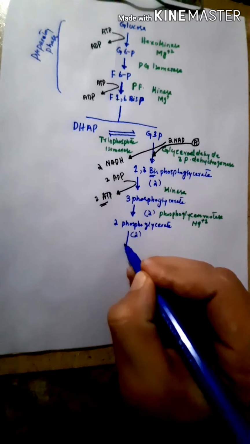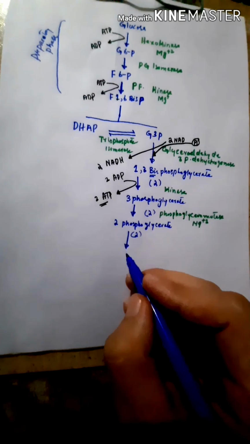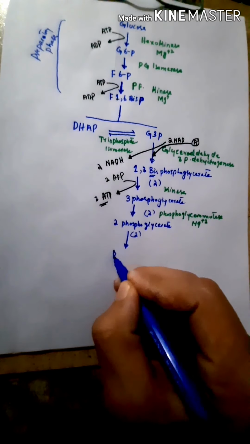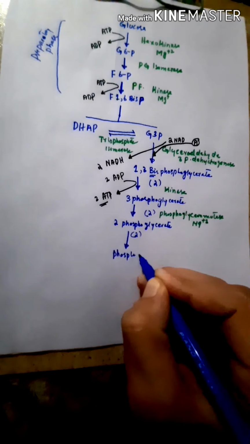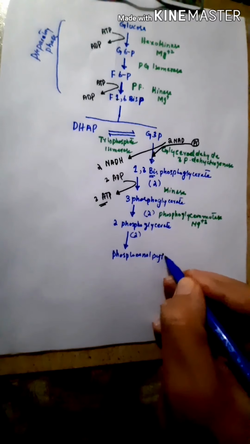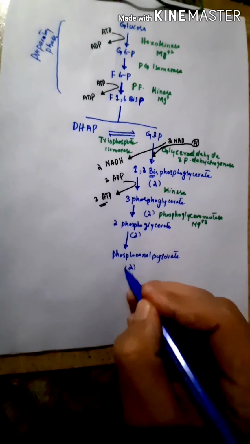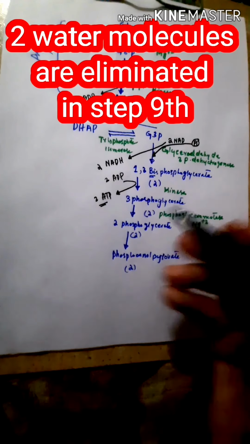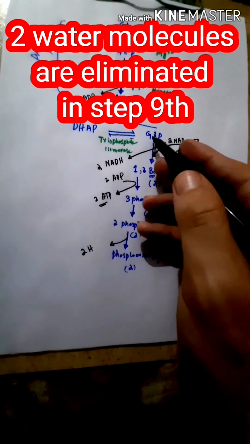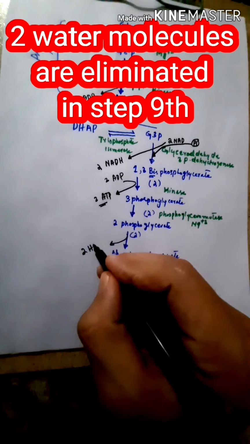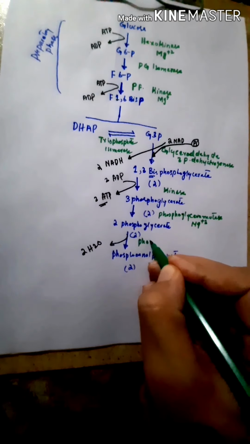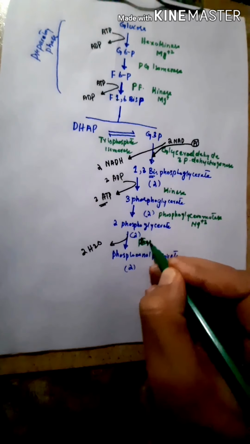Now the 2-phosphoglycerate molecules are converted into phosphoenolpyruvate molecules, 2 phosphoenolpyruvate molecules, and 1 water molecule is eliminated in this step from one G3P and another from the other G3P, so 2 H2O molecules, in the presence of an enzyme known as enolase.